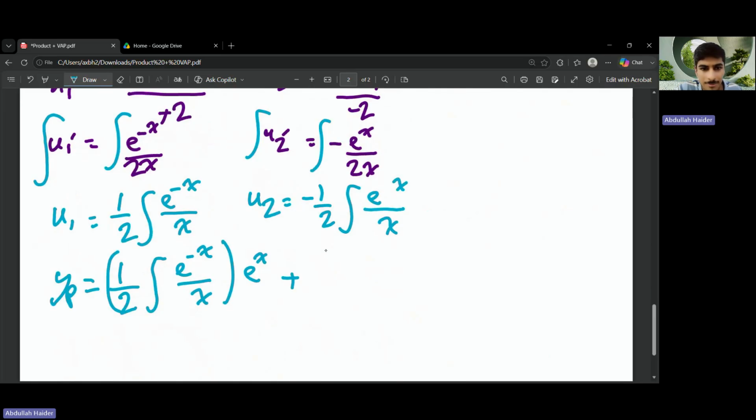Our U2 is minus half integral of e power x over x, and all this multiplied by y2, which is e power minus x. That's our final answer.